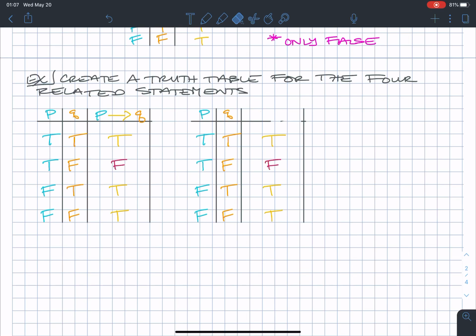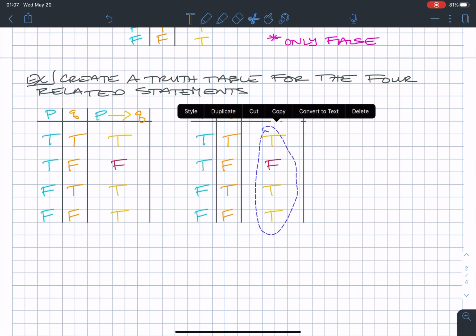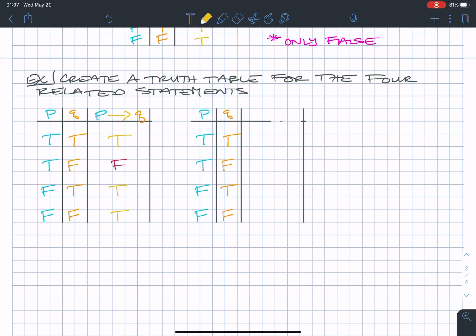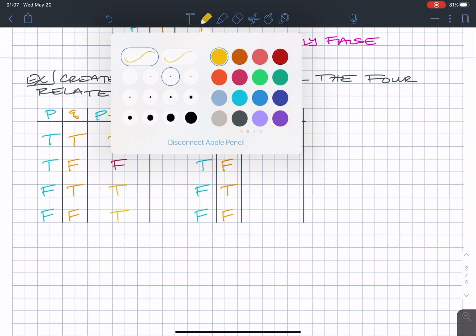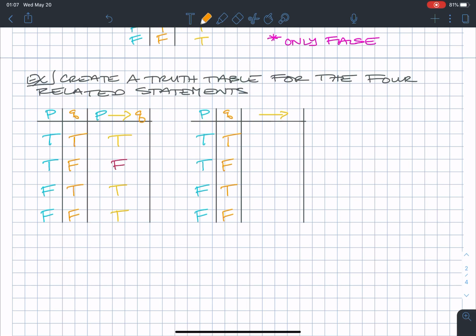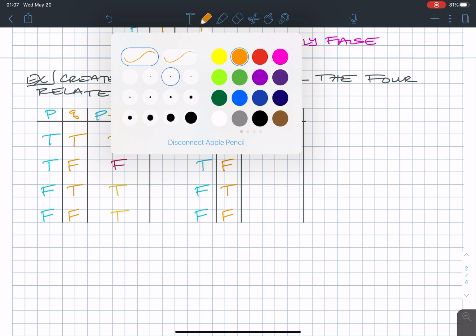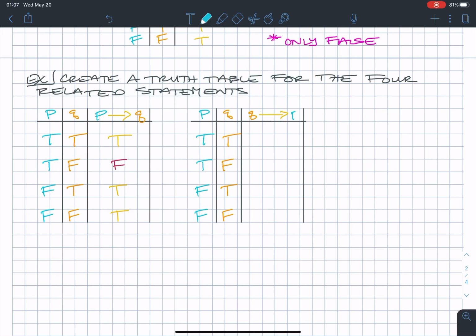Q implies P. Delete. Okay, so the converse is still an implication, but it's Q implies P. So in this case, it might have been easier for me to not copy and paste.